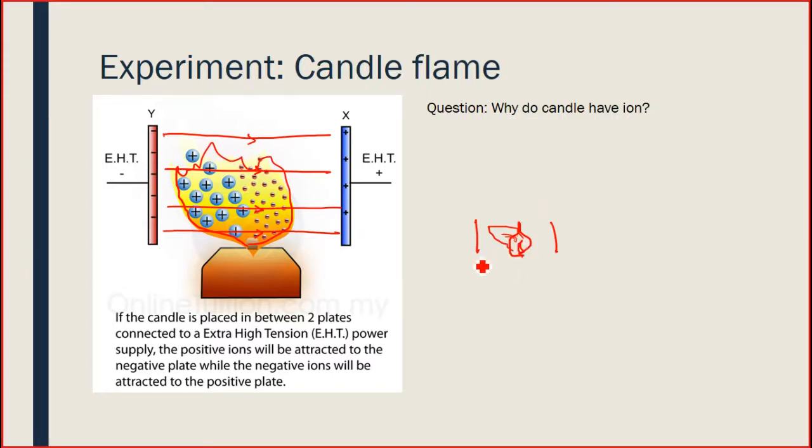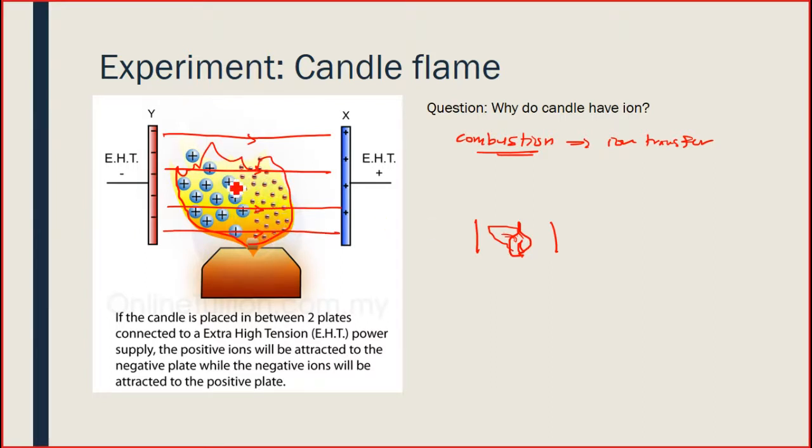So the question right now is, why does that happen? It happens because when you are burning something, some sort of ionization occurs. Combustion occurs, and when combustion occurs, there will be ion transfer, a transfer of electrons. When that happens, the candle itself creates positive and negative charges.